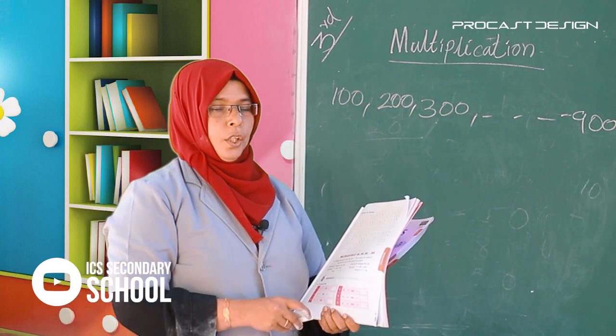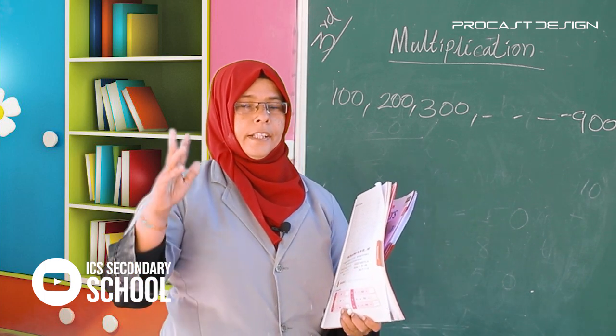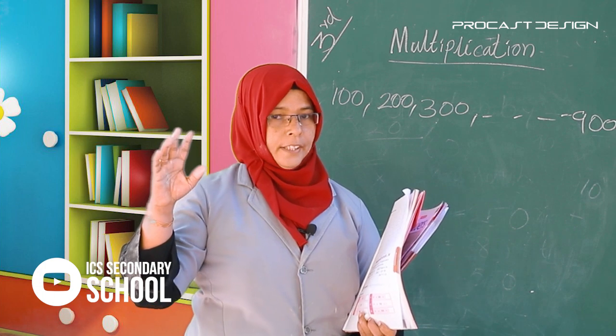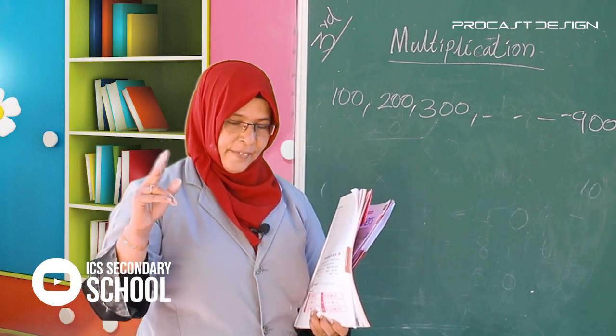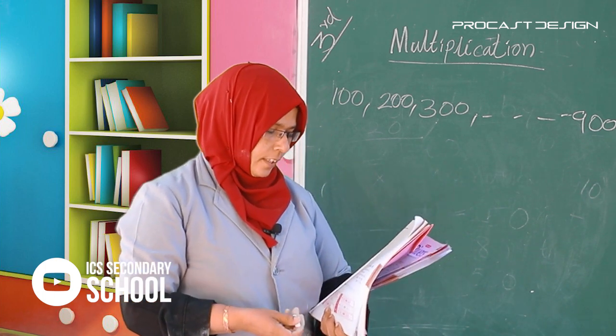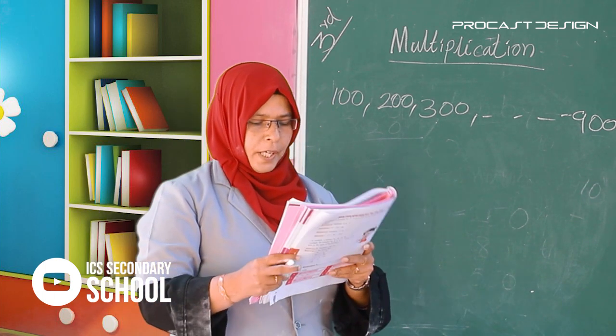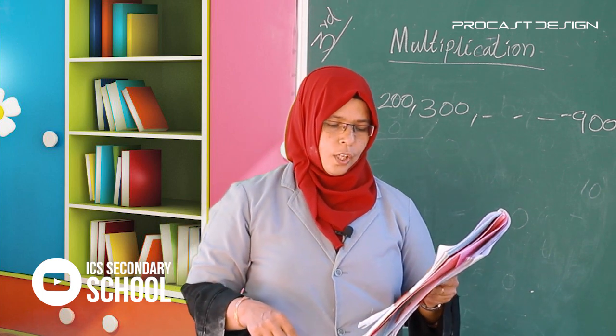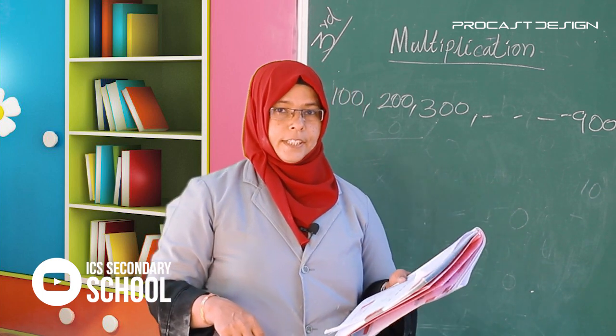Multiplying by 100, 200, 300, 400, 500, 600, 700, yes, next 800 and 900. Multiply by hundreds and write 2 zeros to the right of the products.